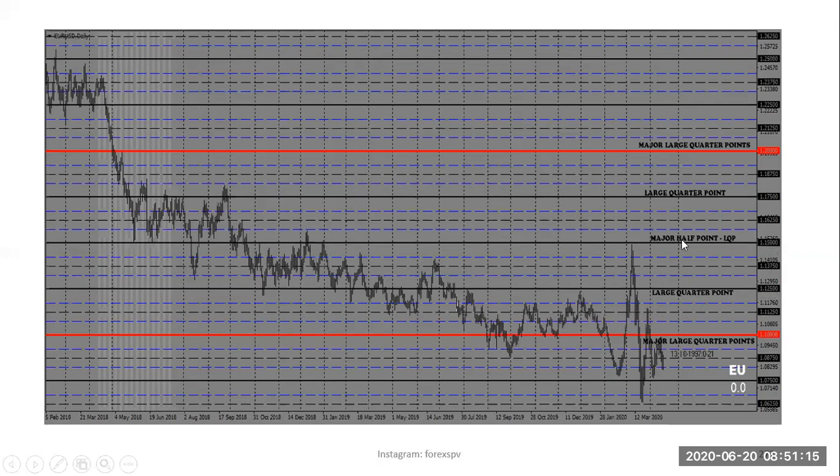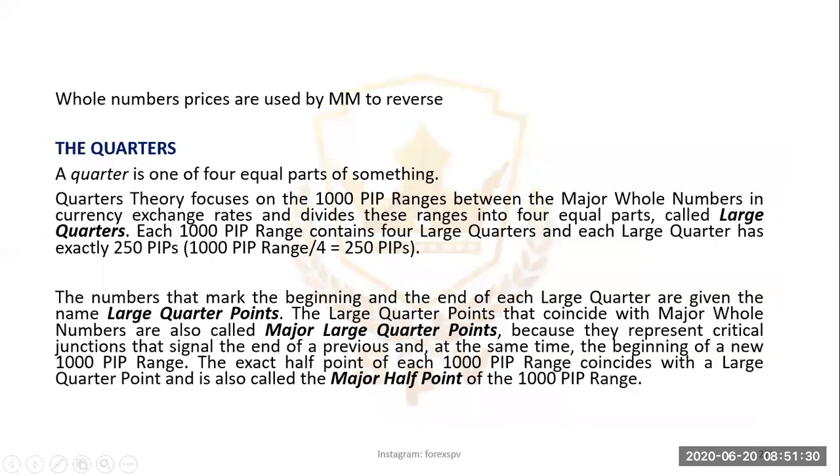So 1.15 is the half point from this quarter to this quarter. It's called a major half point, but it's also a large quarter point, and we have the 1.175. The numbers that mark the beginning and the end of each large quarter are termed large quarter points, and the ones which coincide with the major whole numbers are called the major large quarter points.